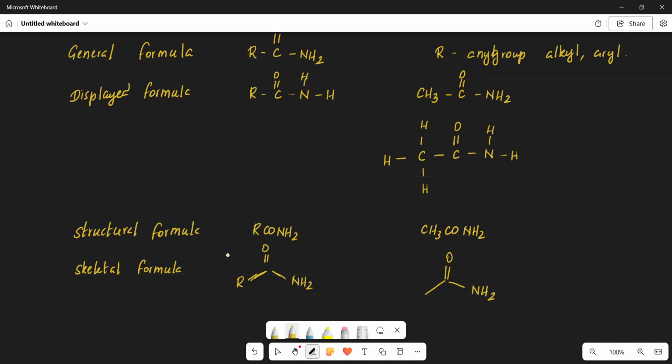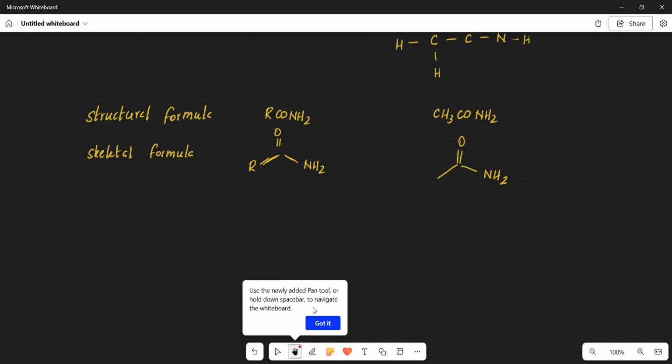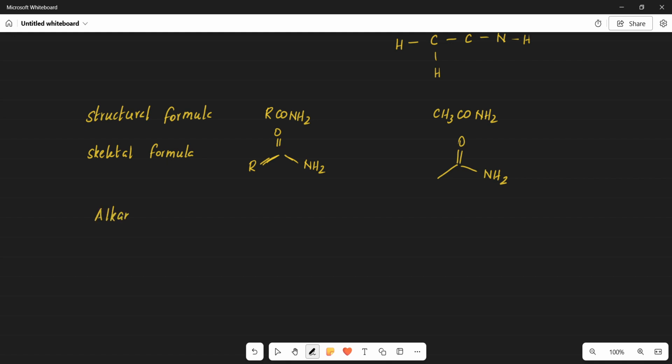So now how to name these amides? The systematic name or IUPAC name of these amides is basically called alkanamide. This alkane refers to the number of carbon atoms, including the carbon double bonded O, in a straight chain.